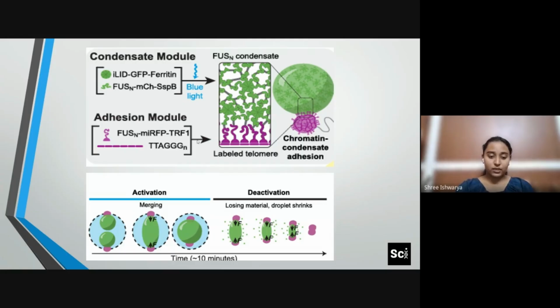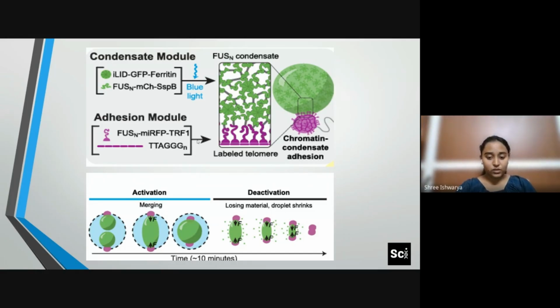Whenever this condensate molecule gets attached to the chromatin, you can see in the second picture, like in activation and deactivation, the green bubble attaches to the chromatin, and these two chromatin loci come together due to the capillary force exerted by the condensate molecule.